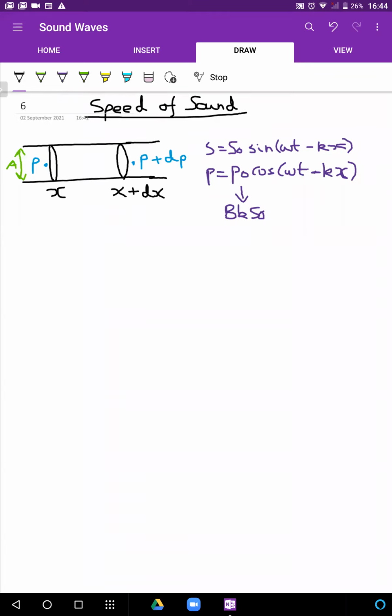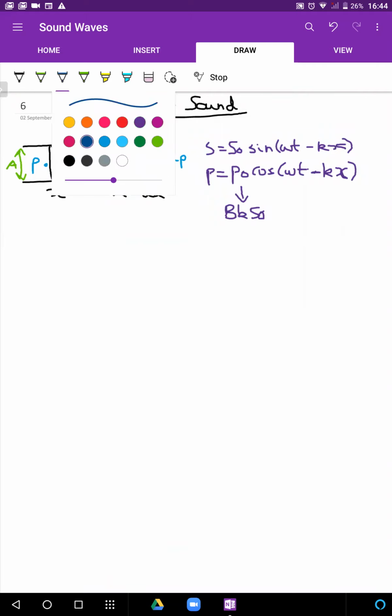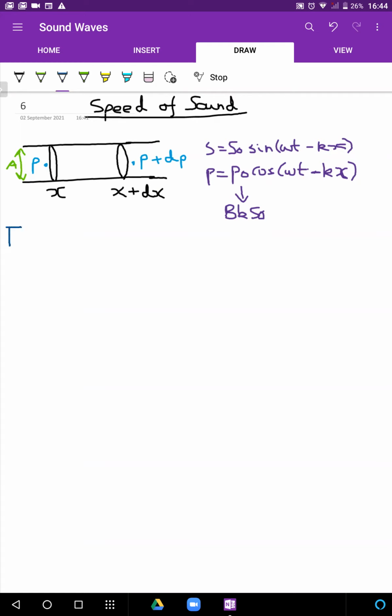So the force that we apply in the forward direction is going to be PA. Yeah, the x-axis is in the right direction.